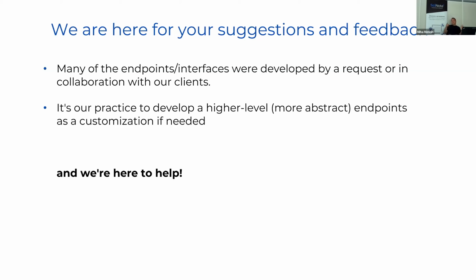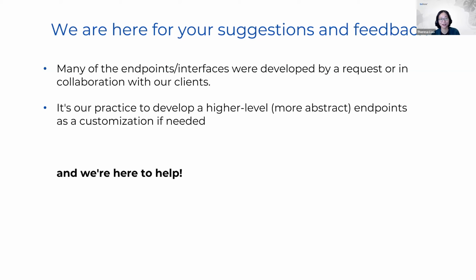It's a task where multiple events need to happen in a row. If you find a need and it is general enough, we're here to implement it. We're also here to help you with your implementation, with ideas, and with the design of your system. I think that's pretty much it.